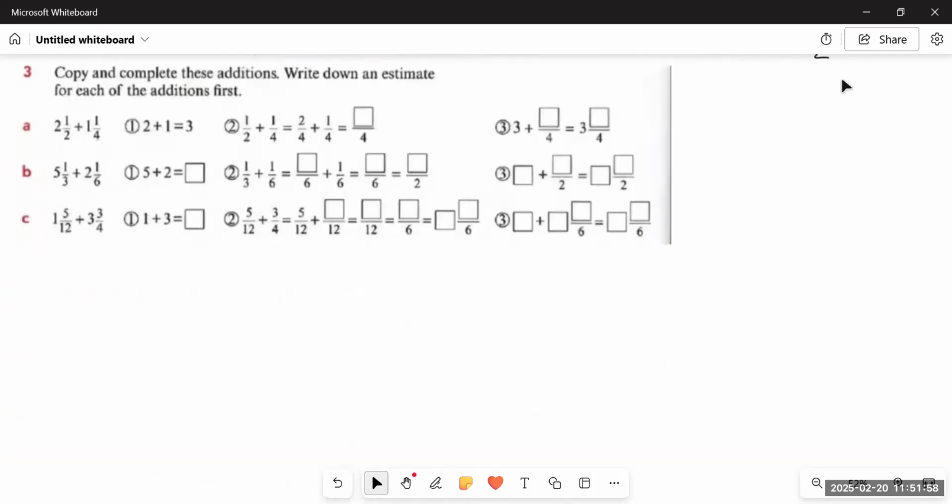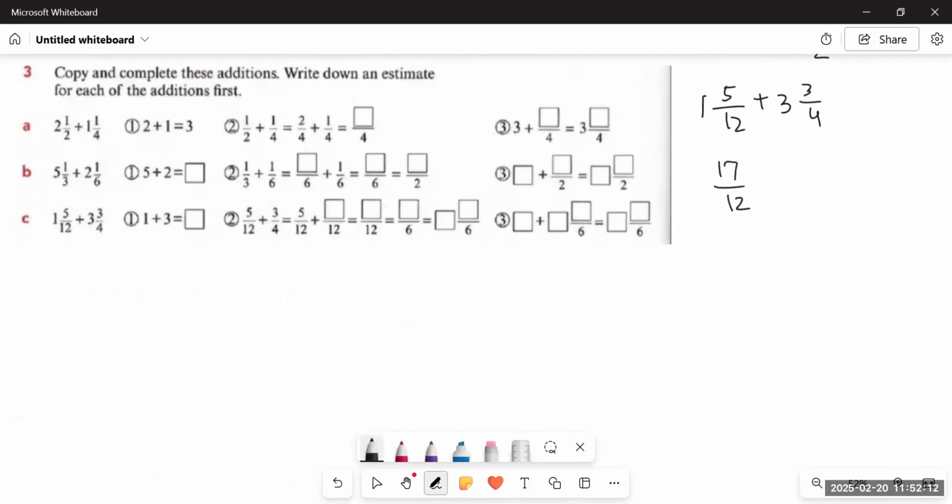Next, we have question number 3, part C. Again, 1 whole 5 upon 12 plus 3 whole 3 upon 4. Okay, 12 ones are 12 plus 5, 17 upon 12 plus 3 fours are 12 plus 3, 15 upon 4. Now, 4 is a factor of 12, so we will multiply 4 by 3, and the answer would be 17 upon 12 plus 45 upon 12.